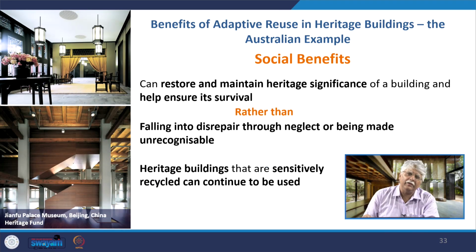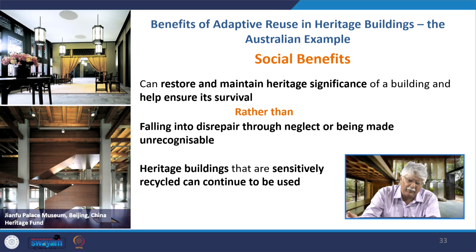Social benefits: we restore and maintain heritage significance of a building and thus help ensure its survival rather than it falling into disrepair through neglect and even becoming completely unrecognizable over time. Heritage buildings that are sensitively recycled can continue to survive, can continue to be used.